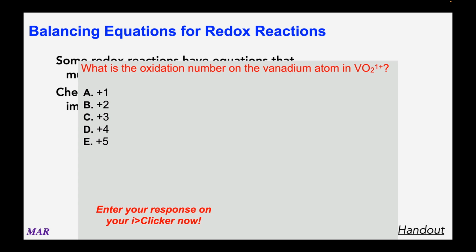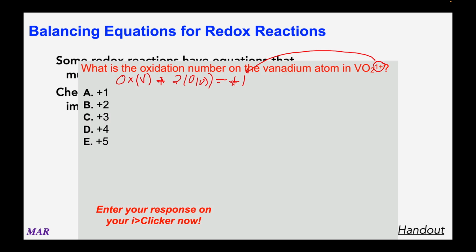So for this problem, what that means is the oxidation number of the vanadium plus 2 times the oxidation number of the oxygen, which is -2, all of that together equals +1. That's the charge on the ion, so that's why I'm letting that equal +1.